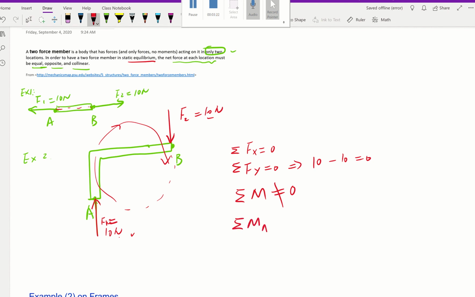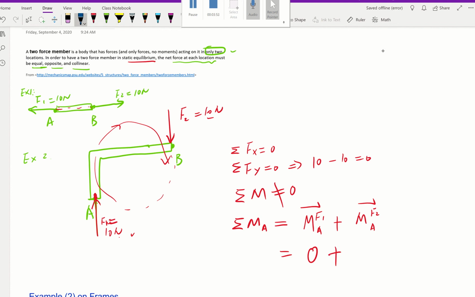If we take moment about A, we consider all the moments together: the moment of force 1 about A, and also force 2 about A. Well, F1 is right here and this force goes through point A, so that's 0. And how about F2 about A?